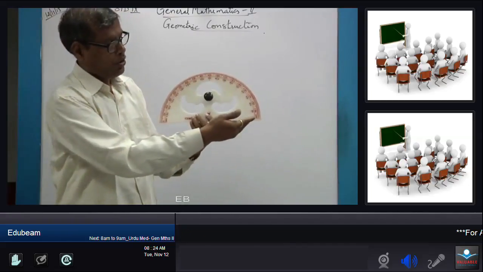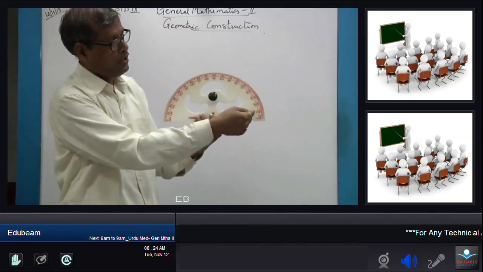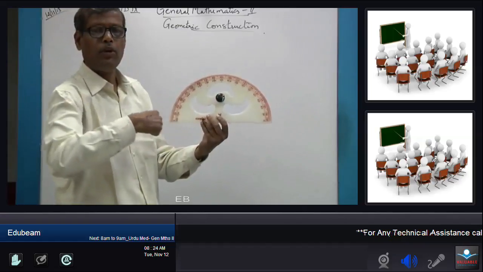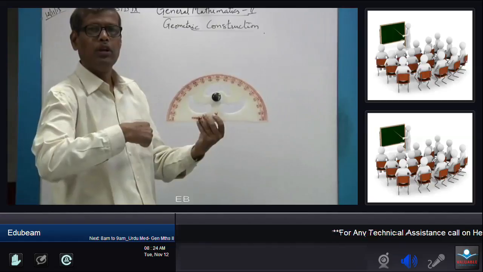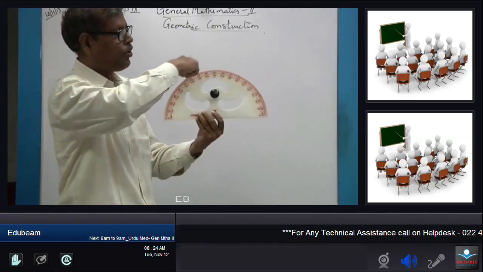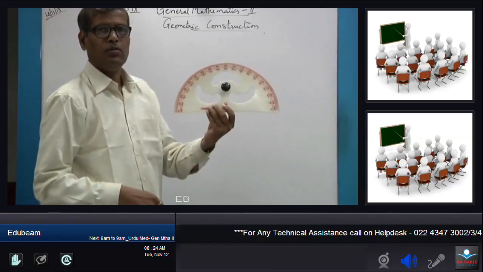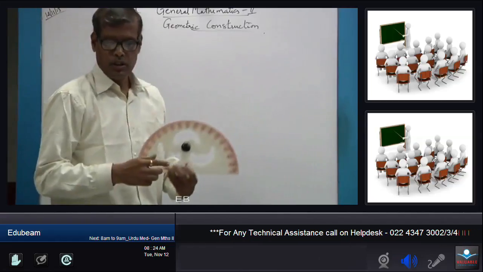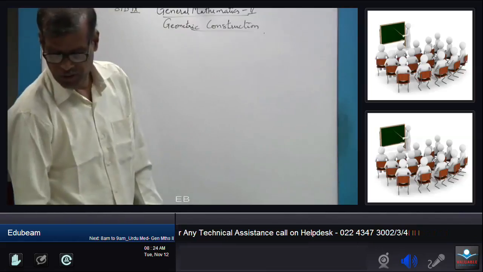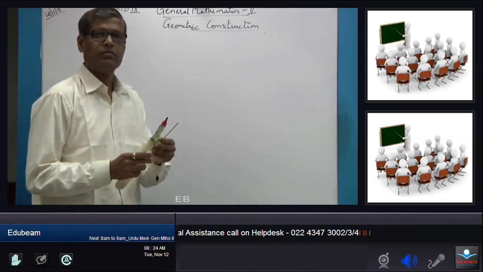And one more thing is that this pencil, what you are going to insert in it, should be pointed. And second thing, these two should touch each other. So if this is okay, then every construction of yours will be good.